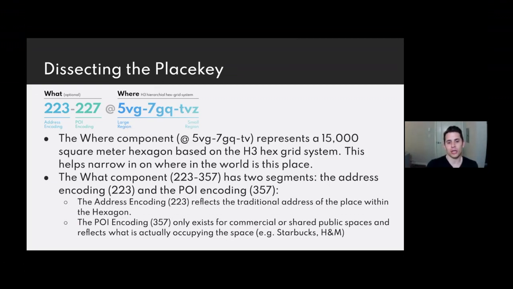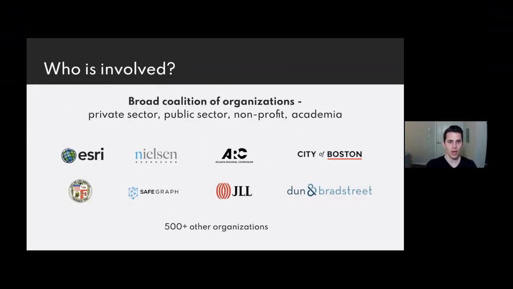The address encoding is essentially the address within that hexagon. And the POI encoding is only for business names, and will encode the name of the business also within that hexagon.